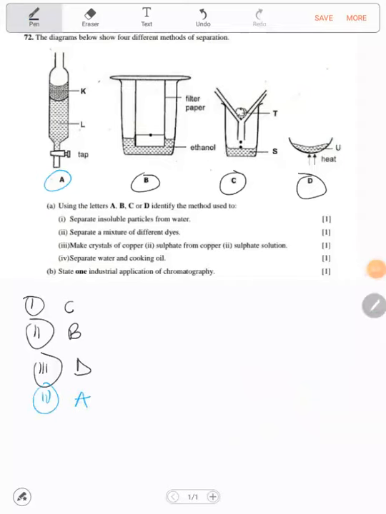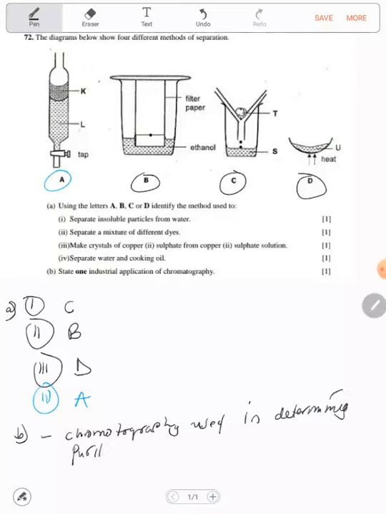State 1 industrial application of chromatography. How can you use chromatography at industrial level? How can you apply it? 1, chromatography is used in determining purity of substances in laboratories.